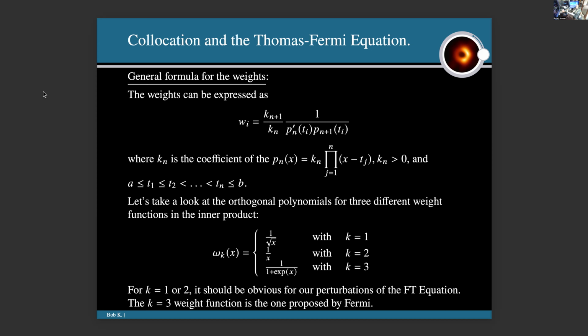And then the third one was based on some stuff that was actually proposed by Fermi, because 1 over 1 plus e to the x works from 0 to infinity. So he wasn't trying to match the Sommerfeld equation. He was just doing it over the whole thing.